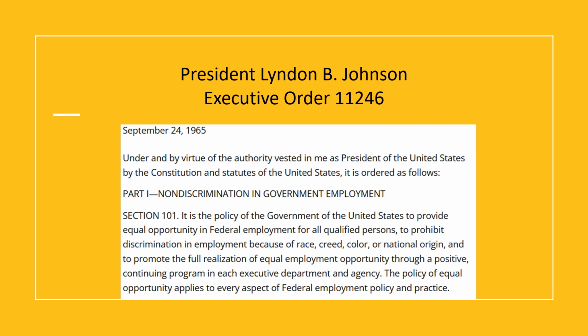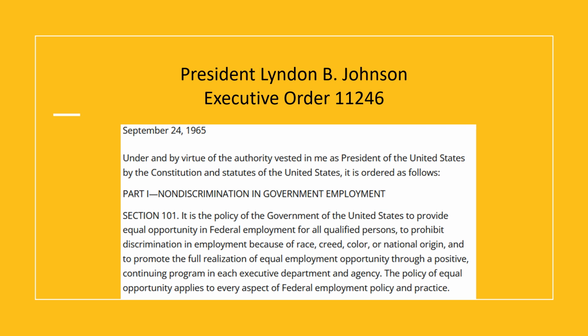President Johnson signed that legislation on July 2nd, 1964, and then about 13 months later, he enhanced the implementation and the enforcement of the Civil Rights Act of 1964 by focusing on the employment practices of the federal government.